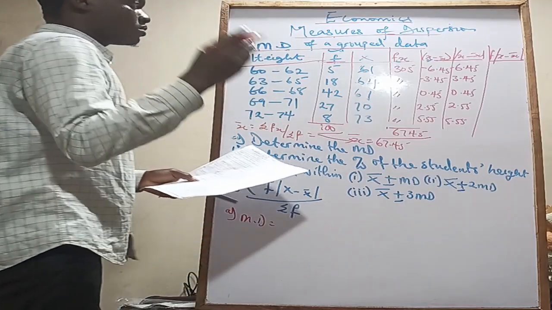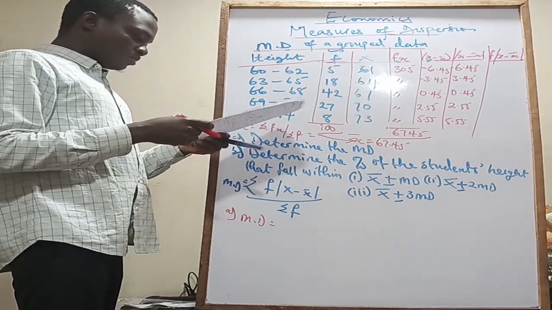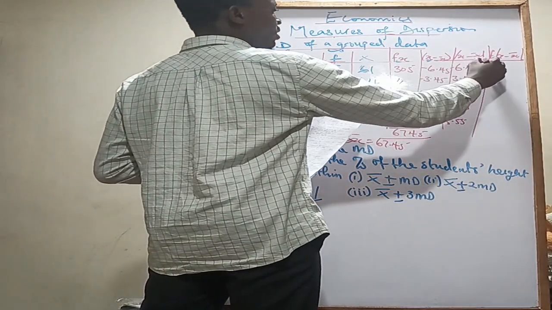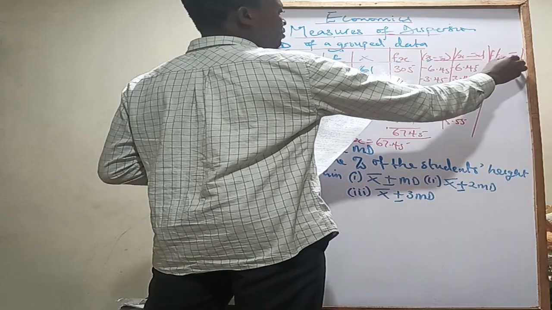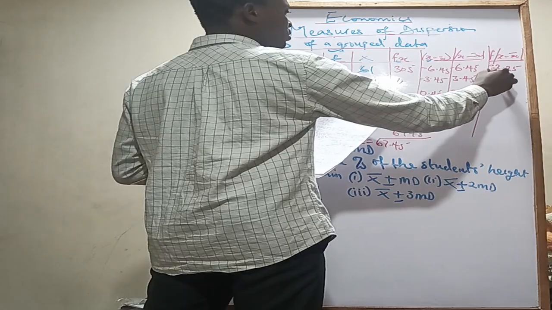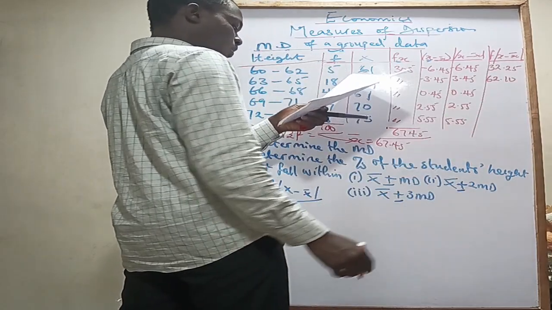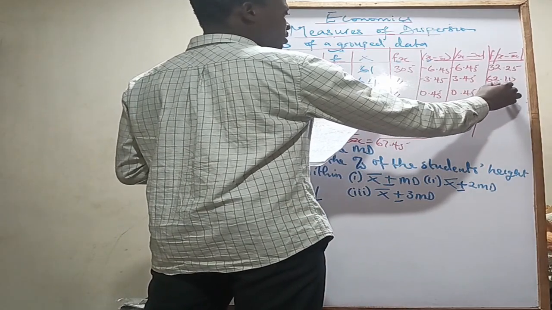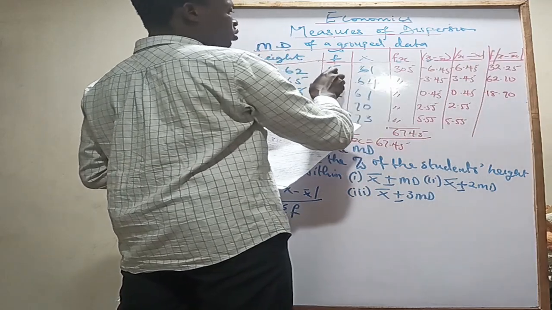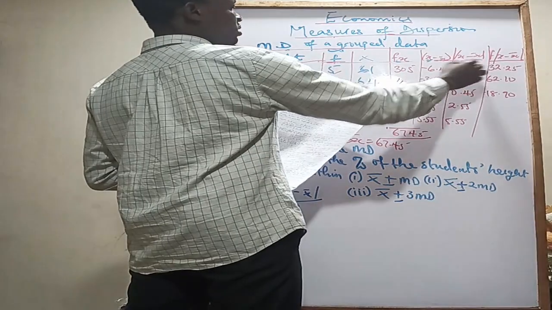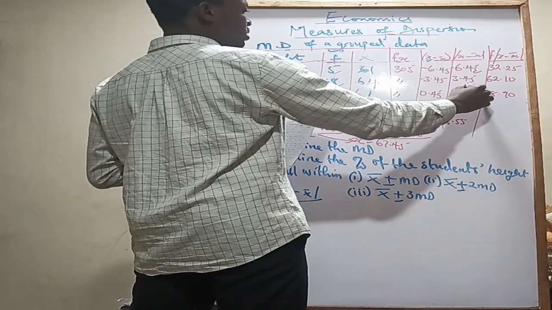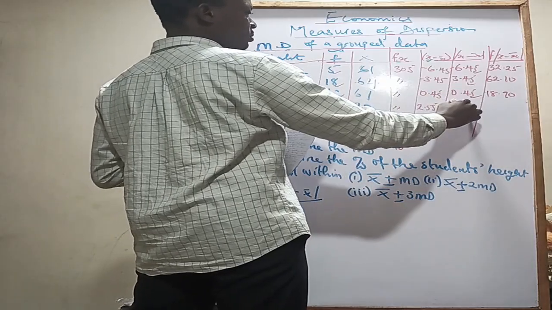Okay, f multiplied by the absolute values. So we have 32.25, 5 times 6.55, 32.25, then followed by 62.10, 62.10, 18.90. Just keep multiplying this column. 5 times this, 18 times this will give you that, 42 times this, 27 times this.